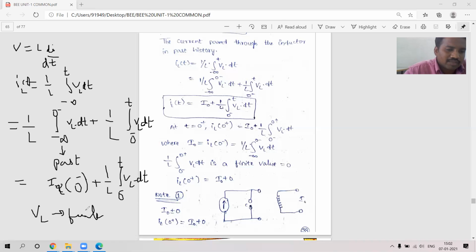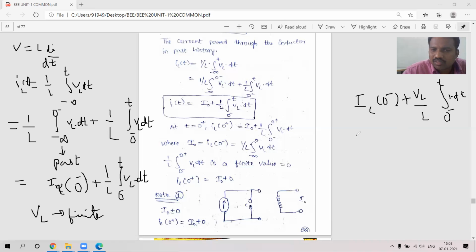If it is a finite value, it is a constant, so I get IL of 0 minus plus VL by L times the integral of 1 dt from 0 minus to t. The integral of 1 dt is t itself.